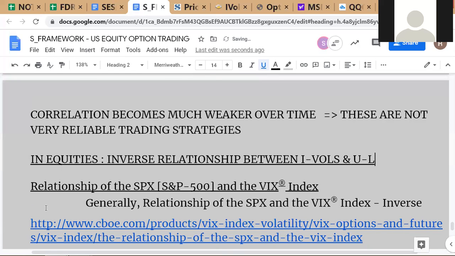I'm writing underlying in the short form so that it fits in one line. Okay. So in equities, this shows up. So this is a general principle.